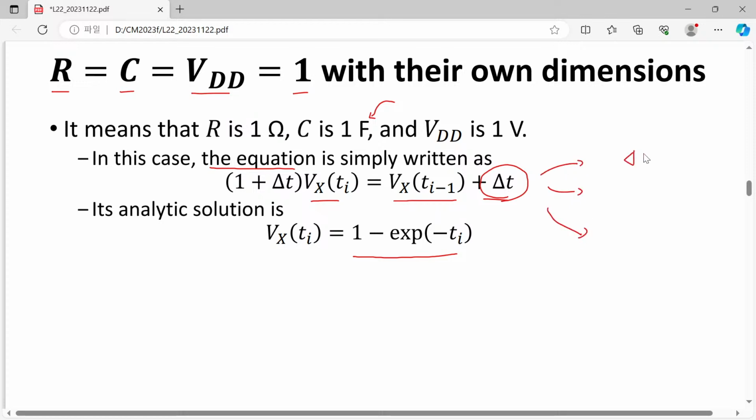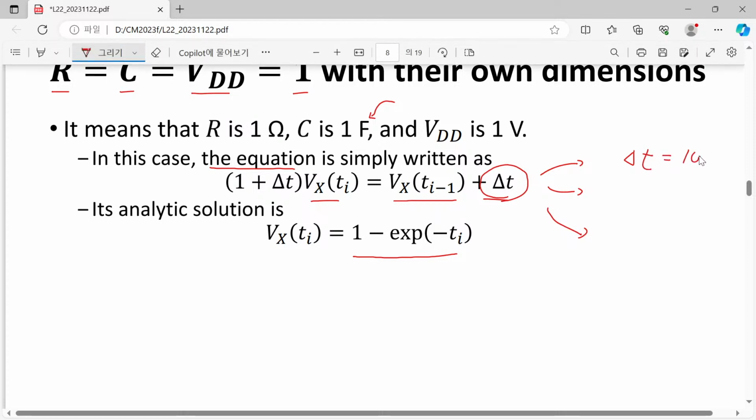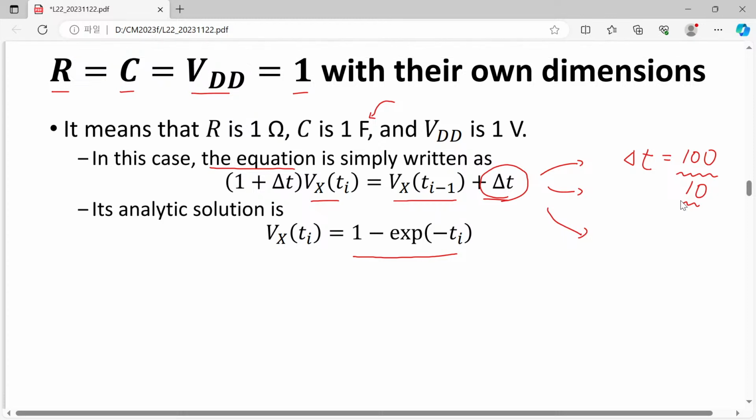Of course, if delta t is too large, like for example 100 or 10, that doesn't make any sense, because this system behaves like a relaxing system, and its relaxation time is just set to be 1 second. So if we say delta t equal to 100, then every relaxation will be inside one step.